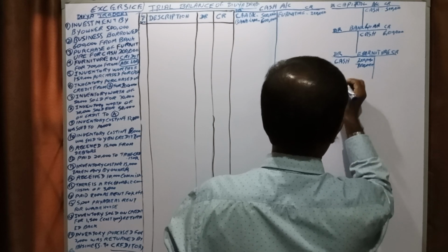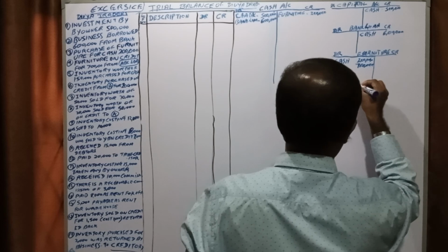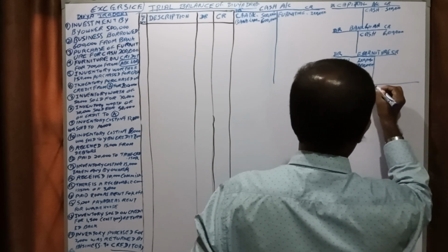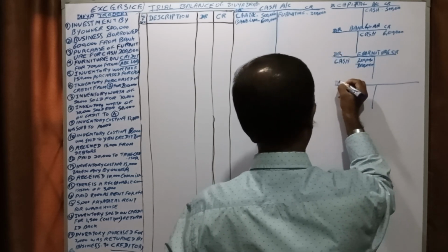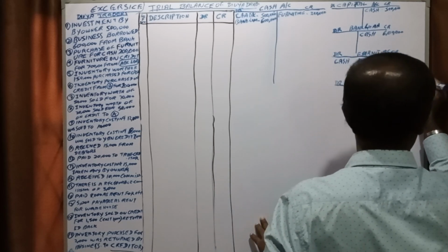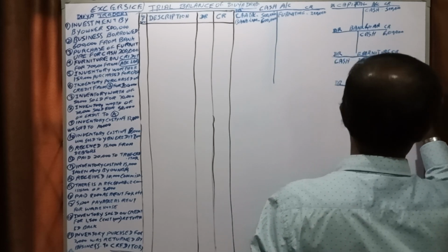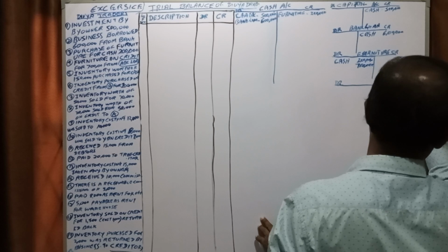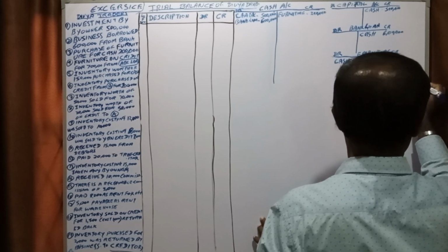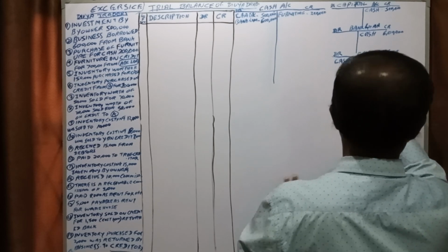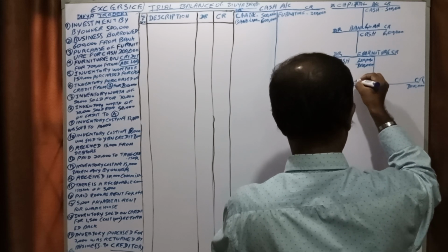This side is DR, here is CR, and here we put 700,000. This is other creditors.